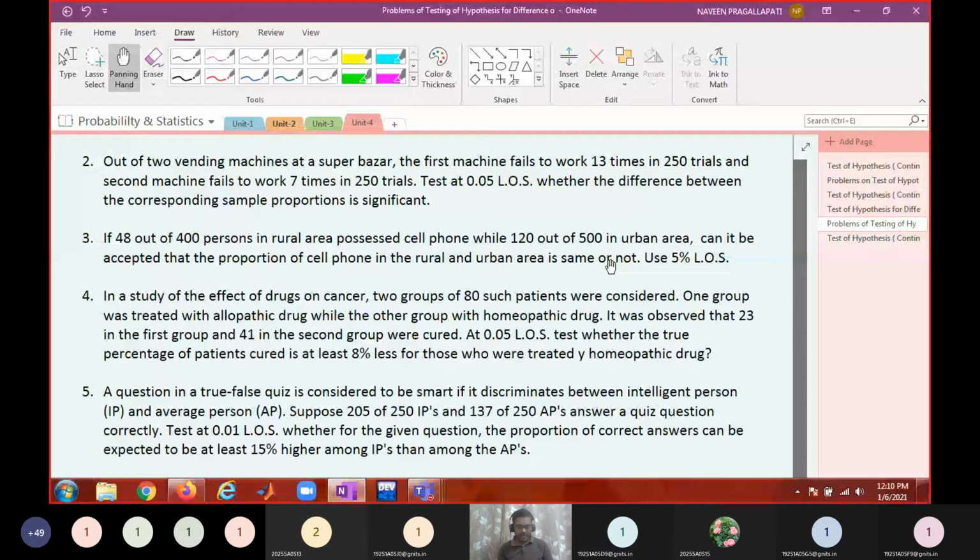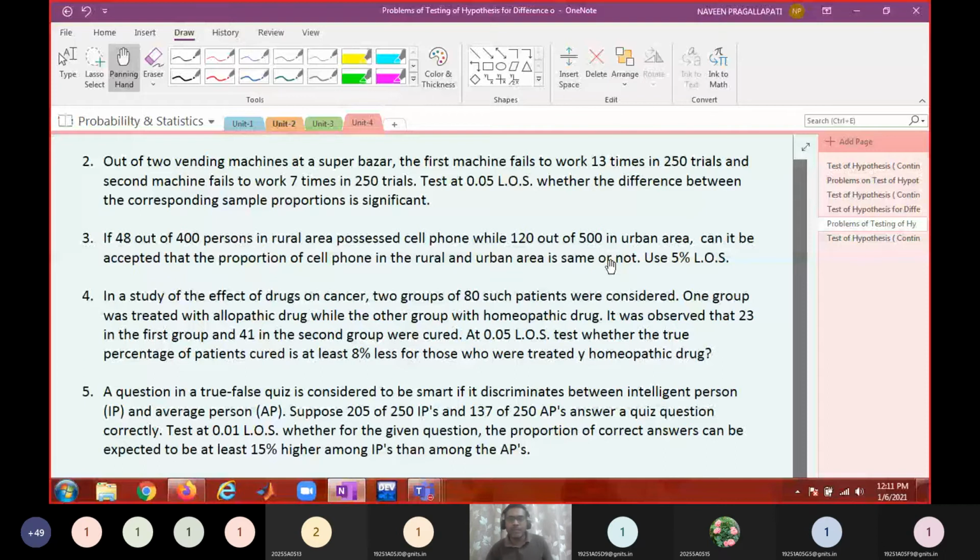It's almost double. So if you want to test whether urban people have significantly more proportionate number of cell phones than rural, what test will you apply? One-tailed test. Right. Consider PR as the rural proportion and PU as the urban area proportion.